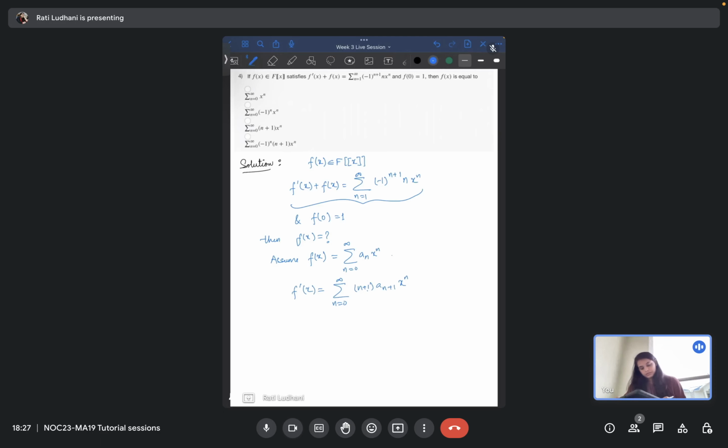Okay, so now let's apply these two things in this equation. You will get f'(x) + f(x) = summation n = 1 to infinity of (-1)^(n+1) x^n. So we can add them, and I'll just write it like this.